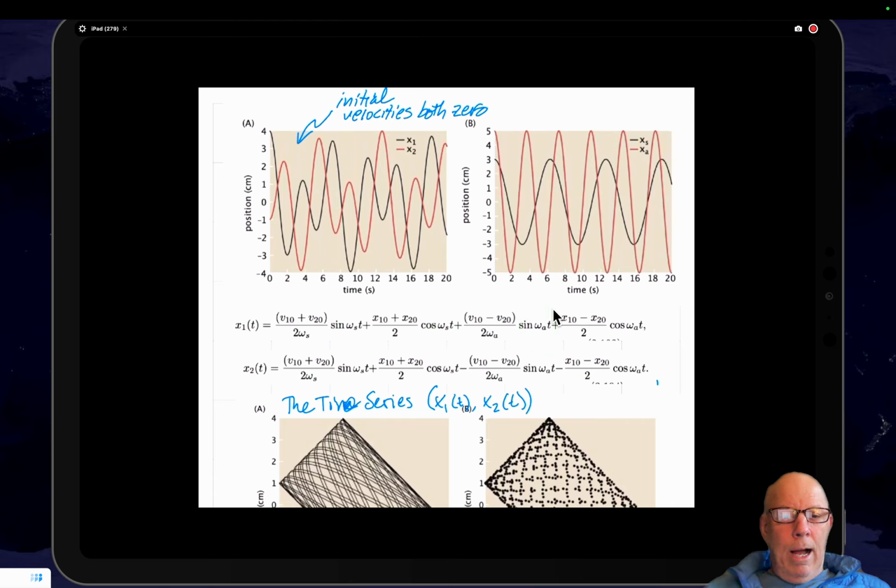And so I can find the subsequent positions, x1 of t and x2 of t, for any choice of initial conditions. That is all buried in these various constants, such as x1(0), x2(0), which are the initial positions of x1 and x2, and v1(0) and v2(0), which are the initial velocities of mass 1 and mass 2.